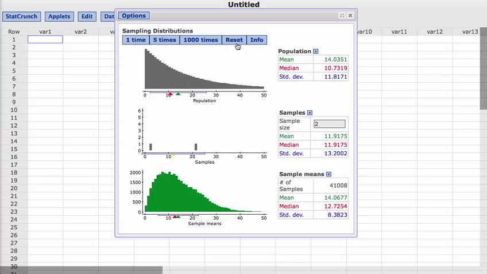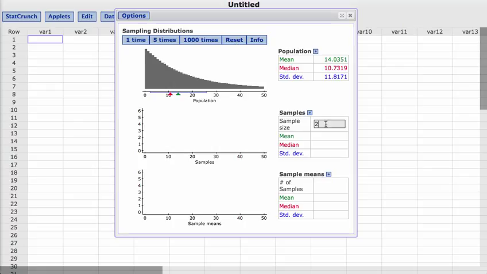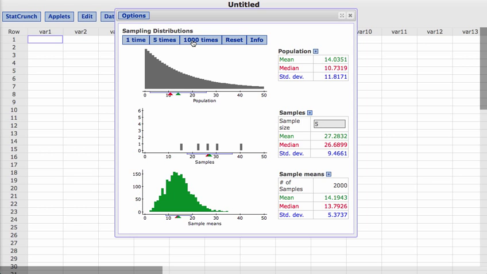So let's reset this, but instead of a sample size of 2, what if we increase it to, let's say, 5? I'm going to click on 1,000 times and do multiple samples here. By clicking 1,000 times, I have now taken 37,000 samples, and this is the distribution of the sample means.